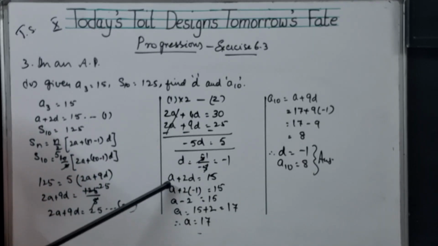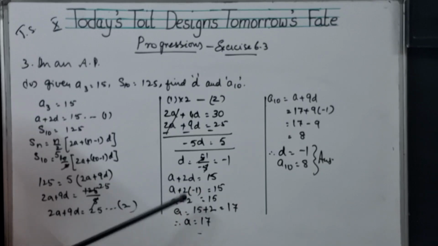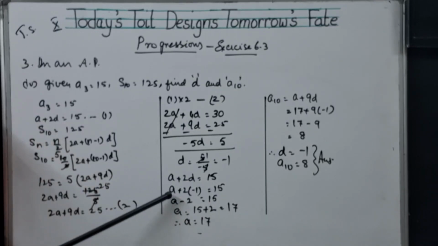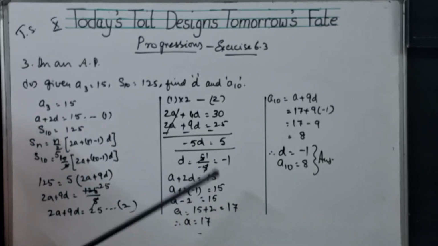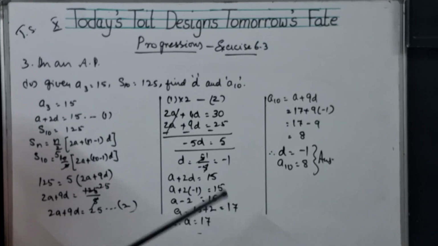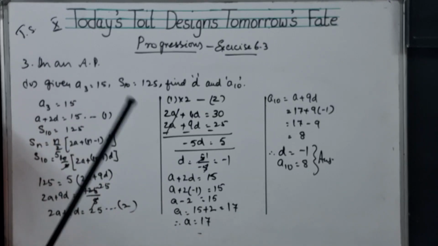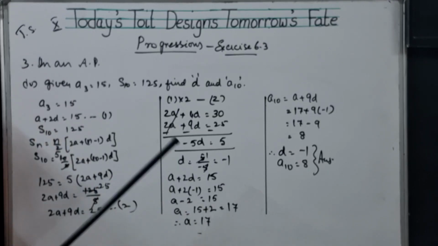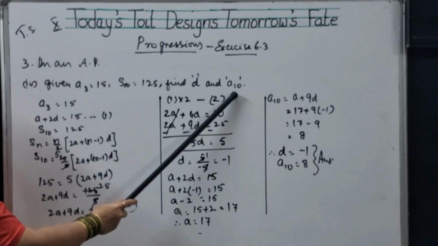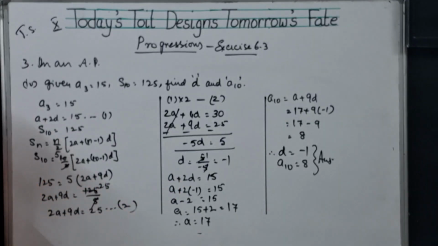So I am substituting this d value in a plus 2d is 15. So a plus 2 into minus 1 is equal to 15. So a minus 2 is equal to 15. So what is a? 15 plus 2, that is 17. So a value is 17. On getting a value as 17, I need to find out a10. a10 is a plus 9d.